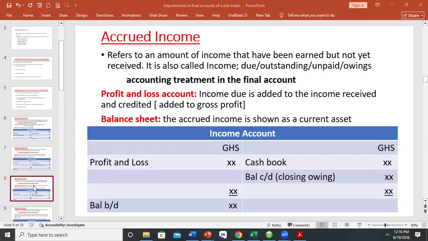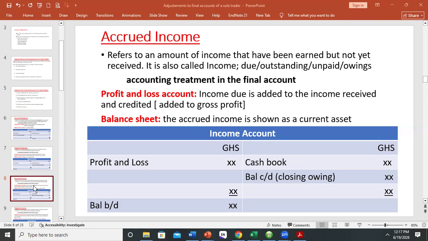So, accrued income. It refers to an amount of income that has been earned but not yet received. It is also called income due, outstanding, unpaid, owings.